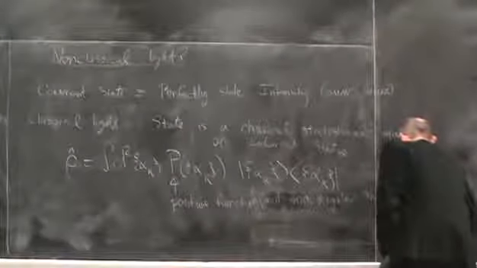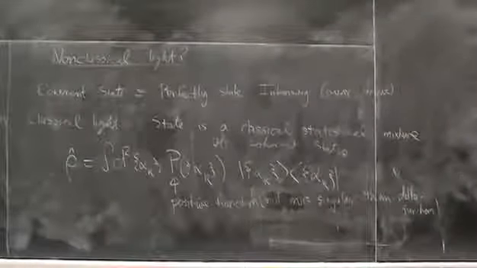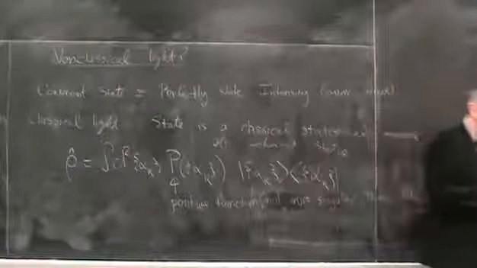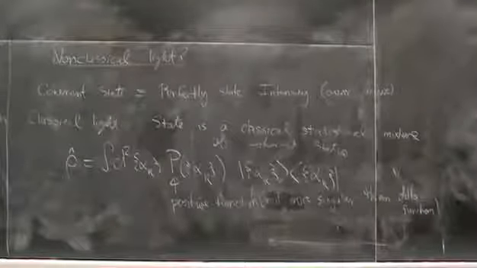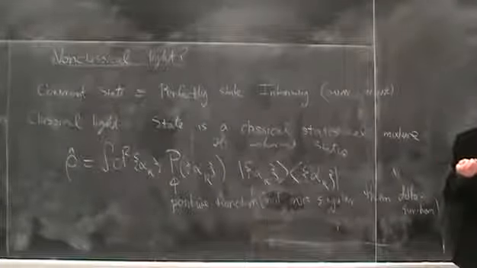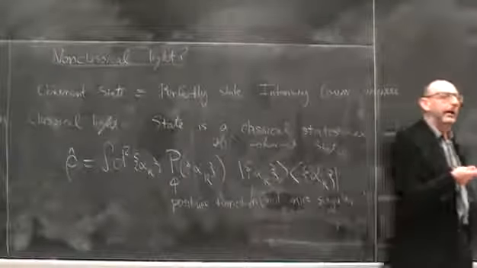So a derivative of a delta function would not be good. And as we have discussed in the past, such a state is generated from the vacuum if I have a classical current. So that's another way of saying what we mean by classical light.